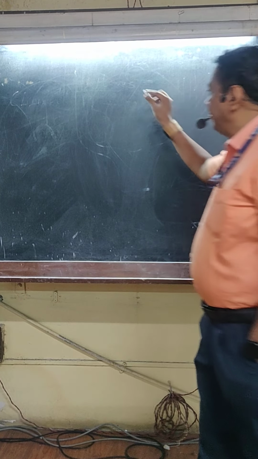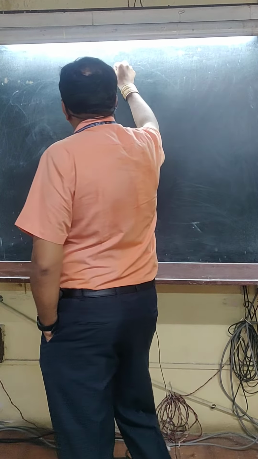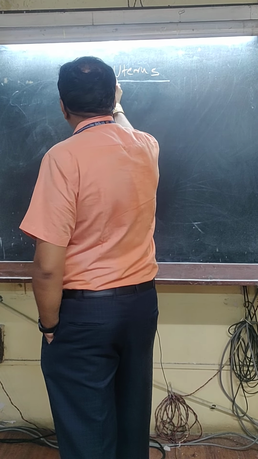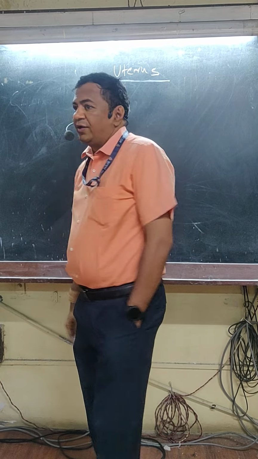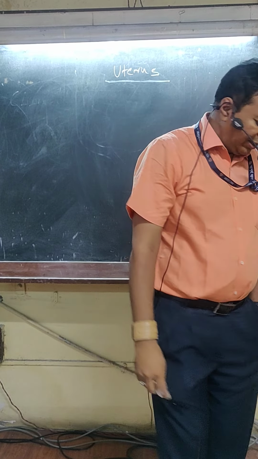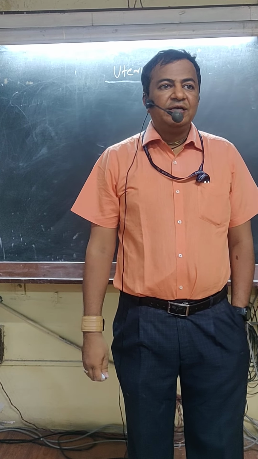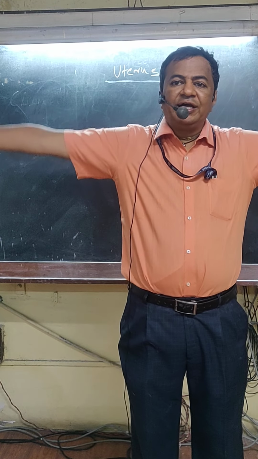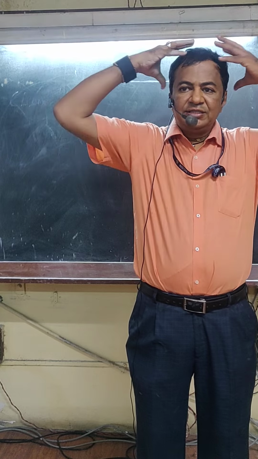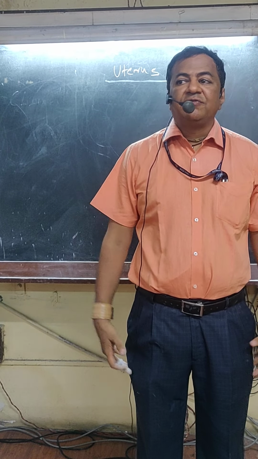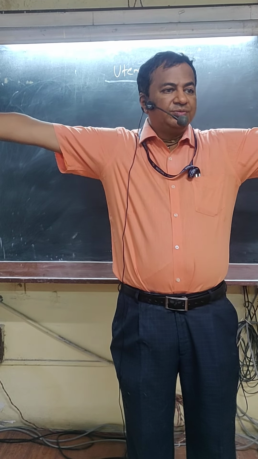So now let us talk about the uterus first. Okay. If I have to tell you about the uterus and uterine tube, it is very easy. In our own body we can demonstrate it like this. This is the fundus, this is the body, this is the cervix, these are the two uterine tubes.